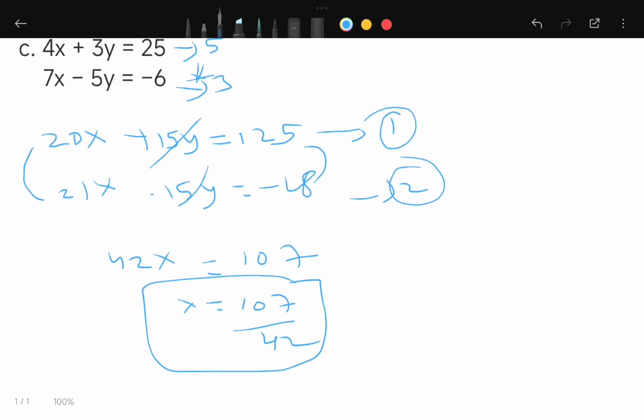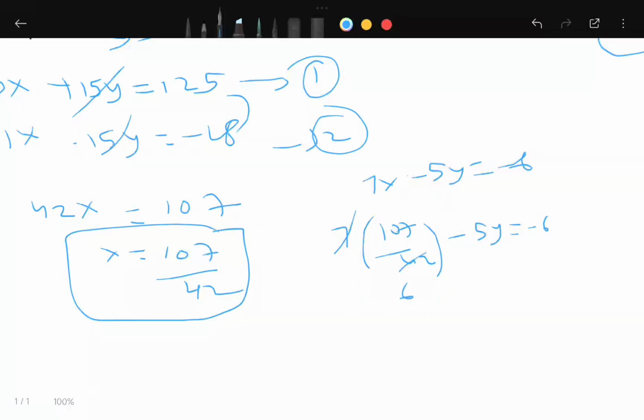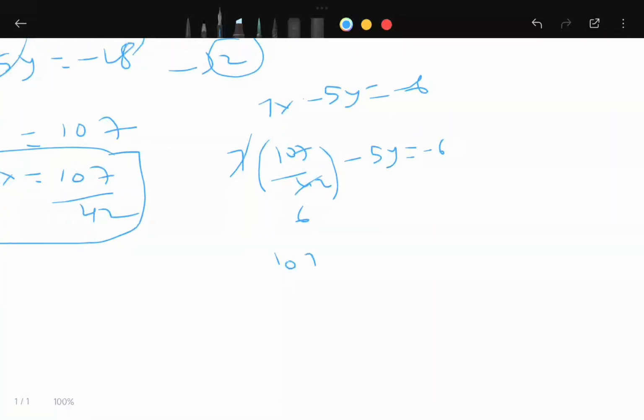Let us substitute x in the second equation: 7 into 107 by 42 minus 5y equals minus 6. It becomes 107 by 6 minus 5y equals minus 6.